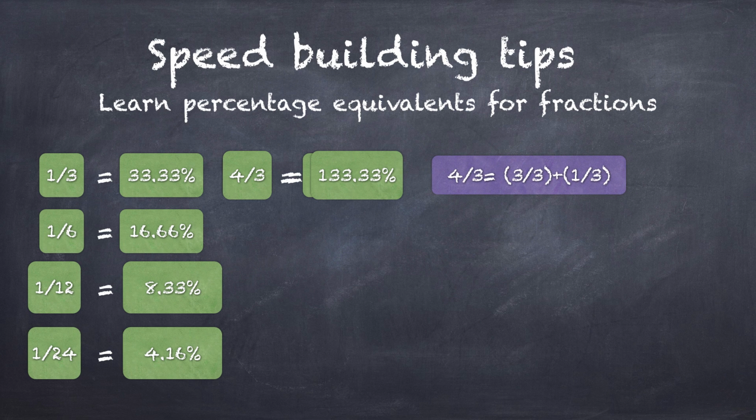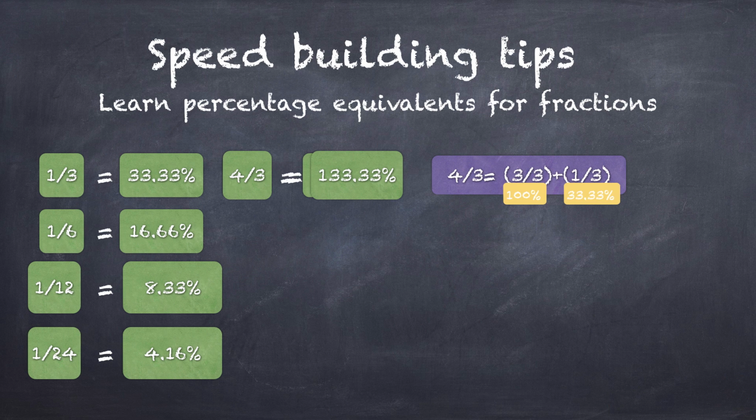Or what you can also do is think of 4 by 3 as 3 by 3 plus 1 by 3. Okay. Now 3 by 3 is 100%. Any number by itself is always 100%. Plus 1 by 3 is 33.33%. So 100 plus 33.33 would be 133.33%.